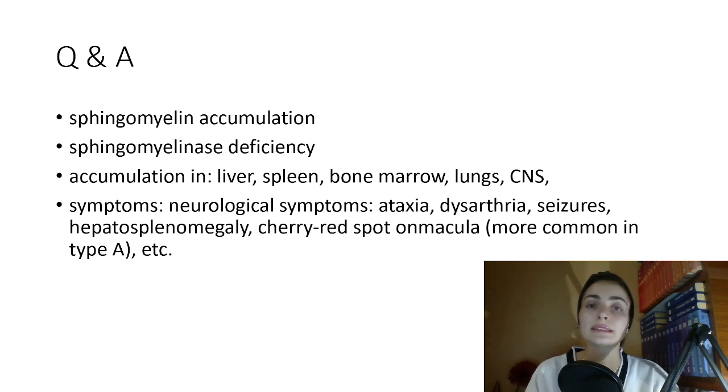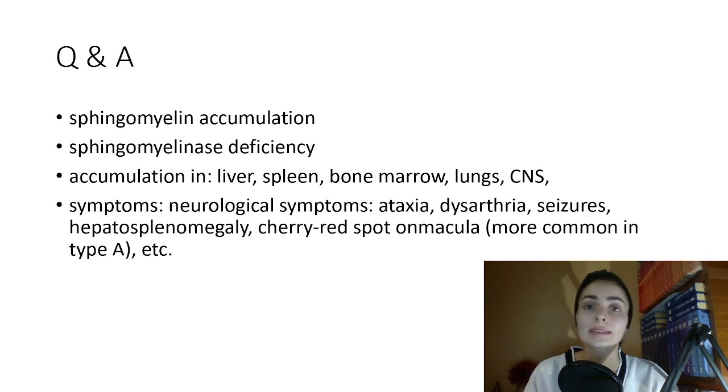In Niemann-Pick disease, we have accumulation of sphingomyelin, and this is because of the enzyme sphingomyelinase deficiency. But where does it accumulate? It accumulates in the CNS, in bone marrow, lungs, liver, and spleen. So it results in respective symptoms.